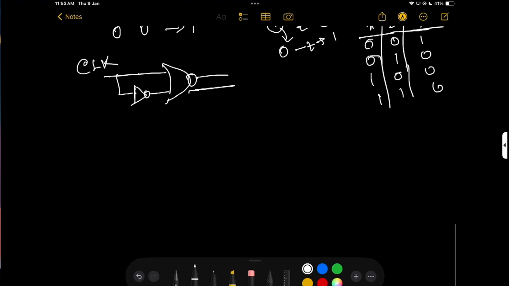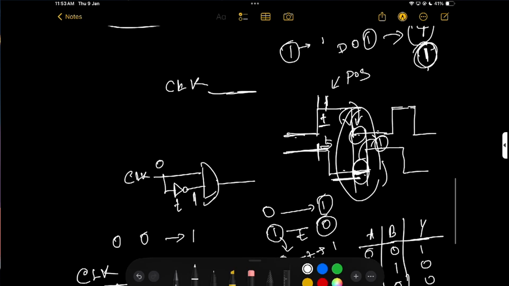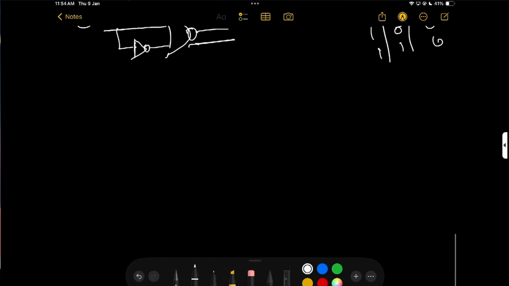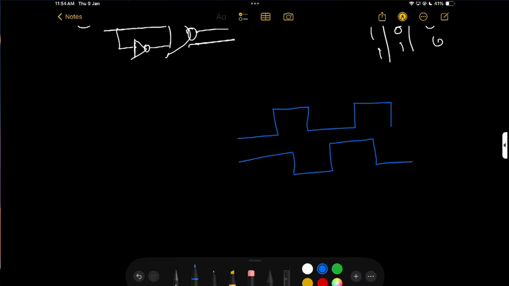And if we want both positive edge triggering and negative edge triggering at the same time, then what do we do? We just do the same circuit, like here we analyze.